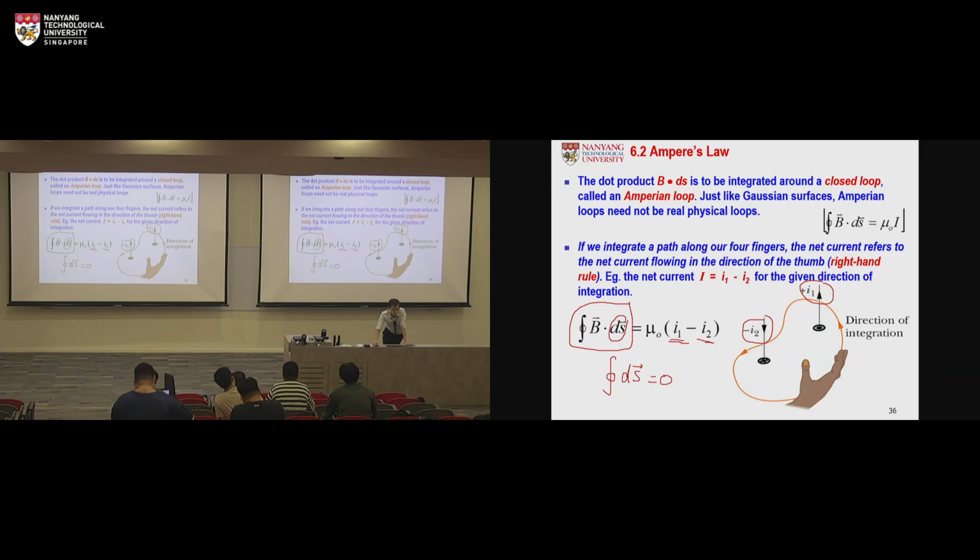This vector B is also going to be different. Let's say the B at this point is not the same. So you cannot just write this down as, let's say, B times this ds.